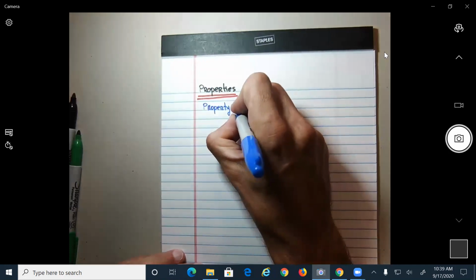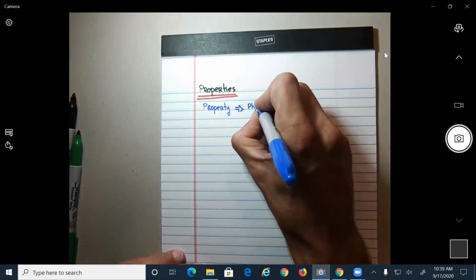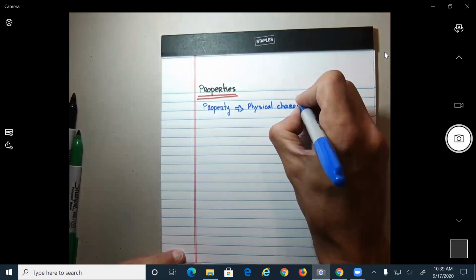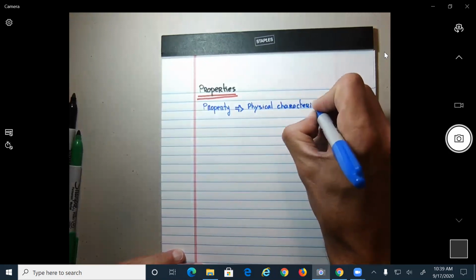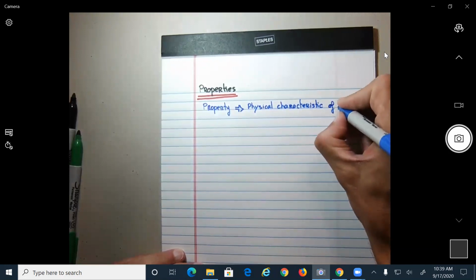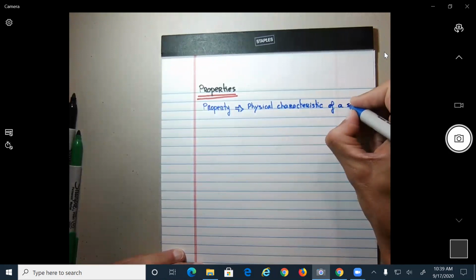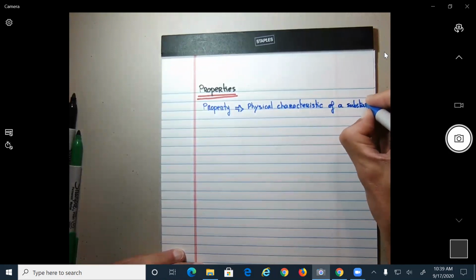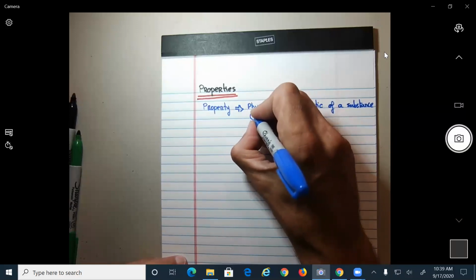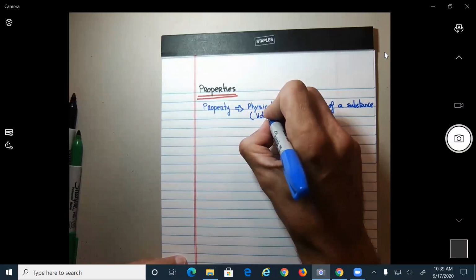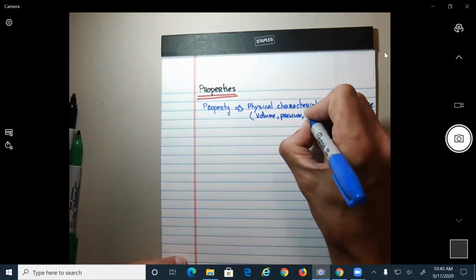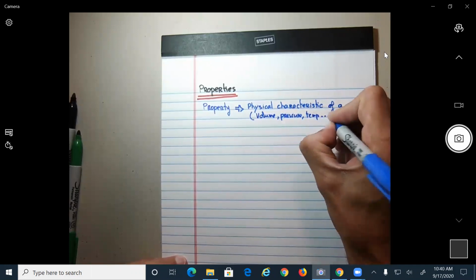A property is a physical characteristic of a substance. Some people will say of a uniform substance, but let's say a substance. So this can be what? Could be volume, pressure, temperature, etc., etc., etc. Okay.